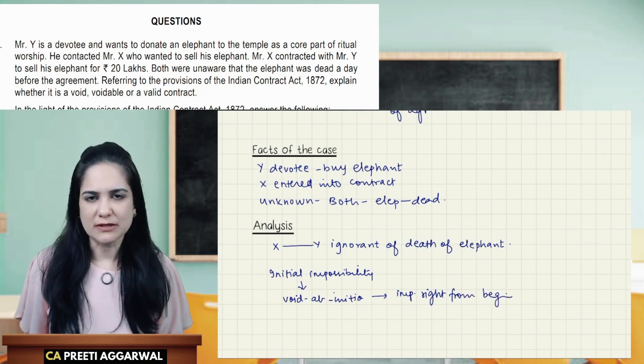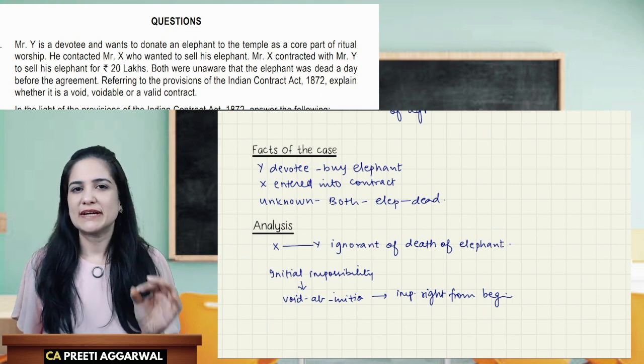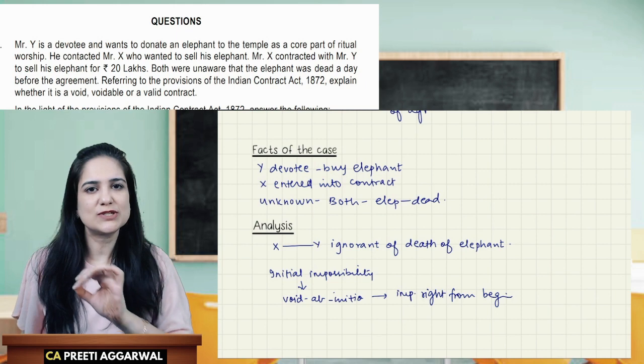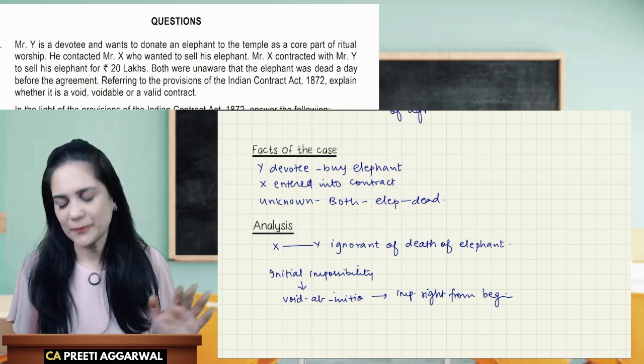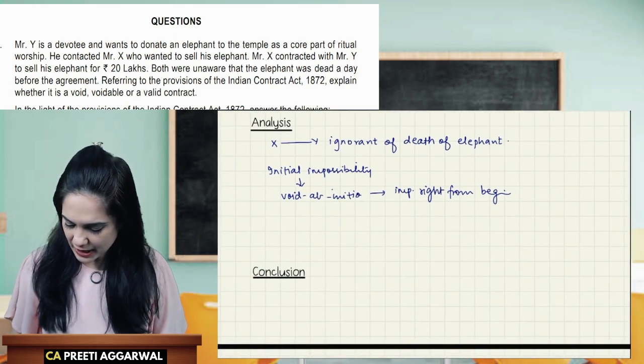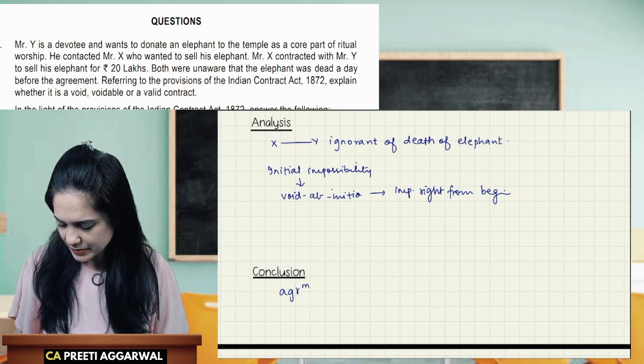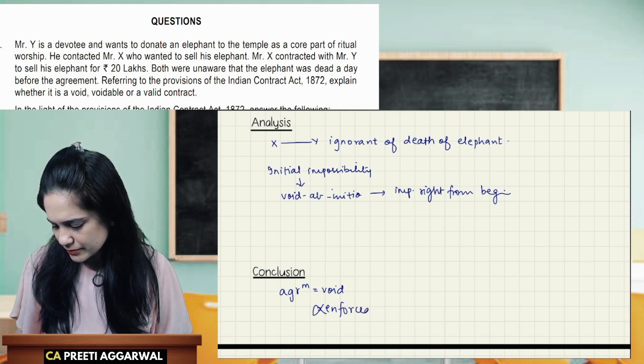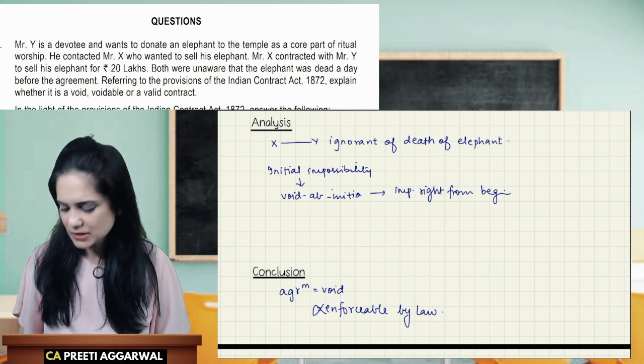What will you write in the conclusion? So in conclusion, you will say that hence the agreement is void. It is not enforceable by law. That is the conclusion.